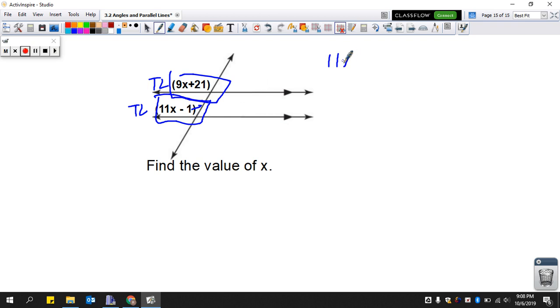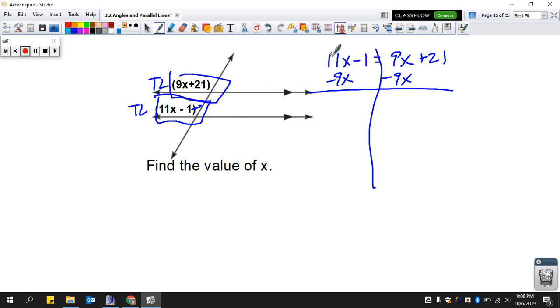So we say 11x minus 1 is equal to 9x plus 21. Solve for x by subtracting 9x from both sides. 9x is canceled out. We're left with 2x minus 1 is equal to 21.